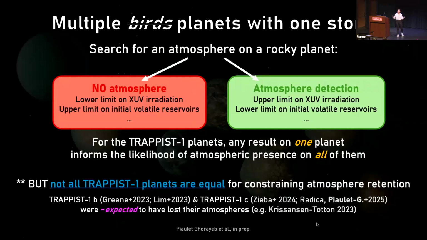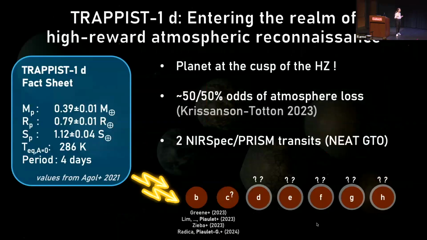It's been discussed that TRAPPIST-1 is an ultracool star as well, which means that it has a very tumultuous history that the planets underwent, and so it's unknown whether the other planets could have atmospheres.